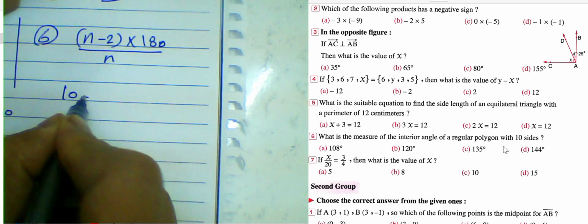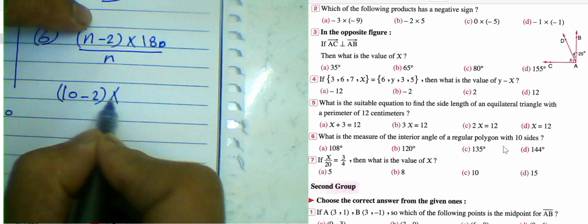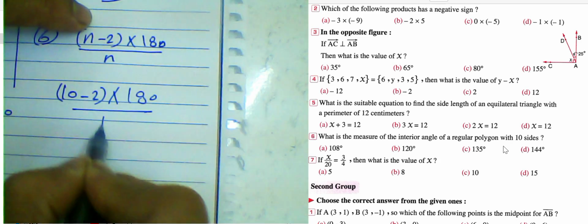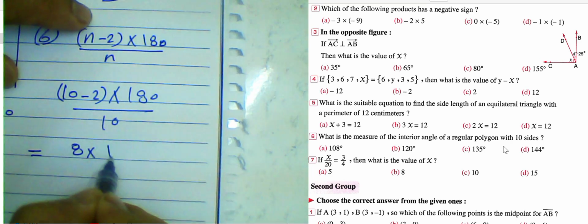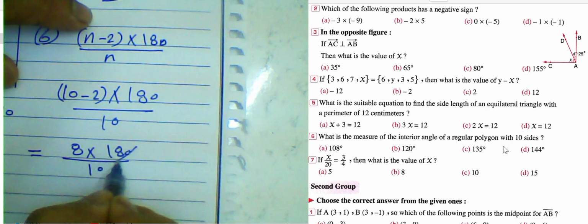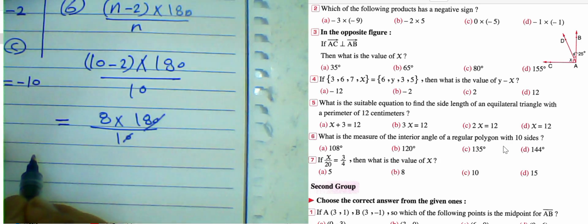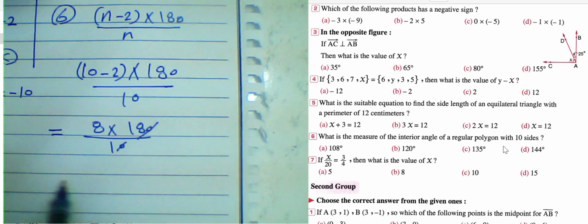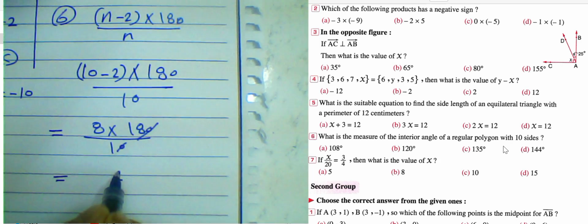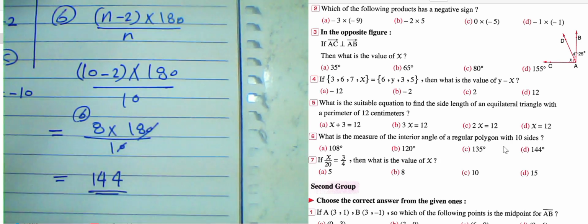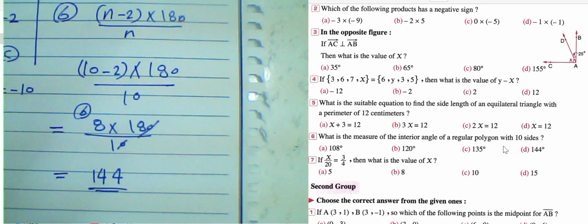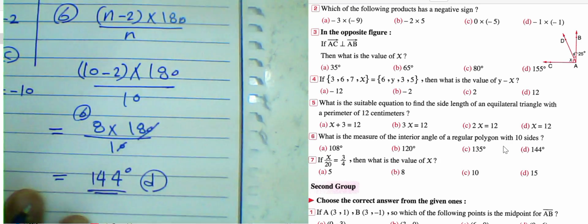Put n equal to 10: 10 minus 2, multiplied by 180, divided by 10. 10 minus 2 will be 8, so 8 multiplied by 180 divided by 10. Cancel the 0 with the 0, and then 8 multiplied by 18. 8 times 8 equals 64, write 4 and carry 6. 1 times 8 equals 8, plus 6 equals 14. Then the result will be 144. That is the result for question number 6. Choose letter D.